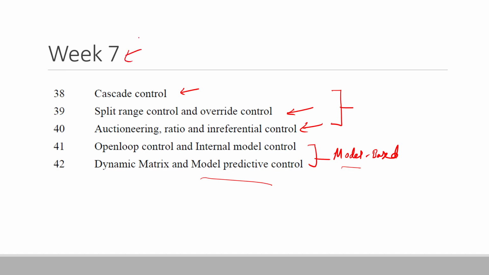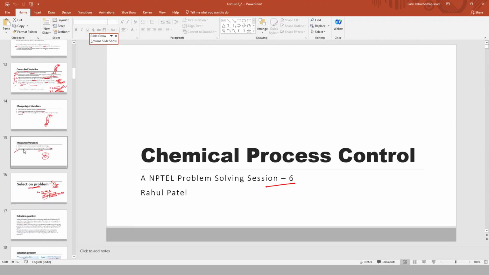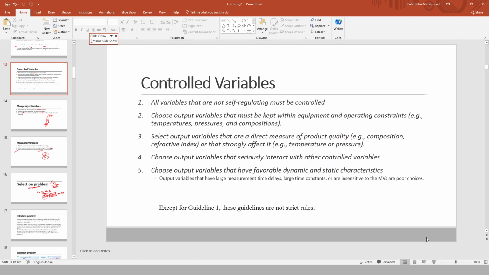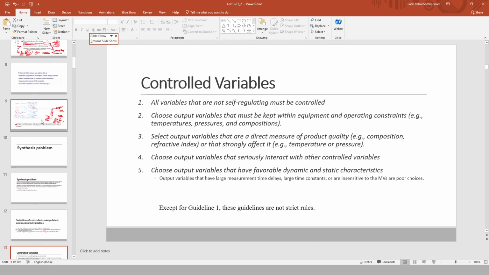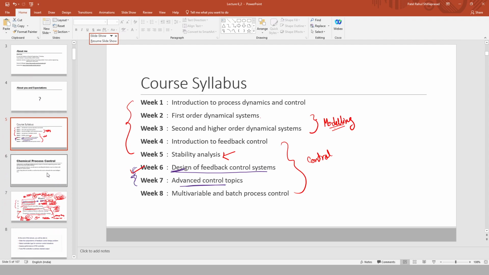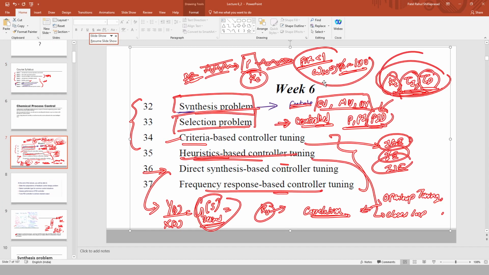In the last class, we had just started with a few of the controller tuning approaches, such as, let me share my screen also. So yes, in the last class we were looking at, not this one, where is the index? This slide.